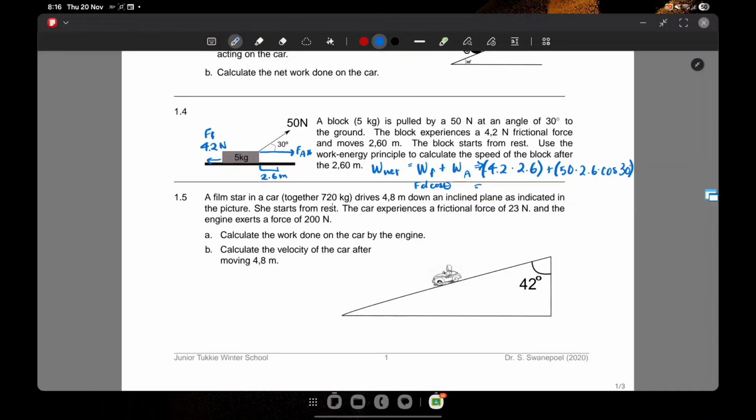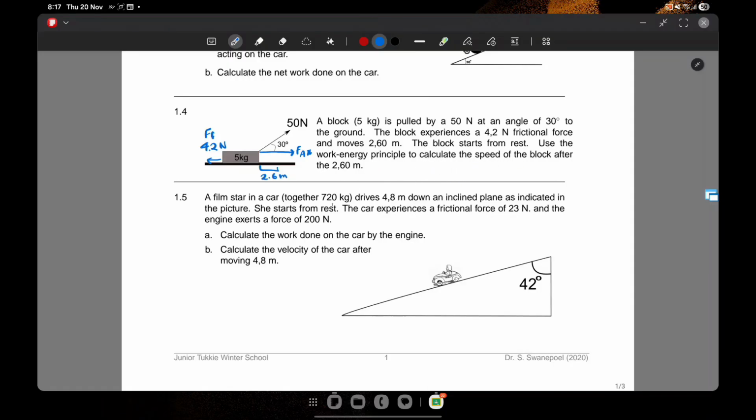If we add them up together, we will be getting 101.66 joules. Now, how does that help us? Well, this is going to help us find the speed. So, as I said, the work done is actually a change in kinetic energy. And the kinetic energy formula has a velocity in it.